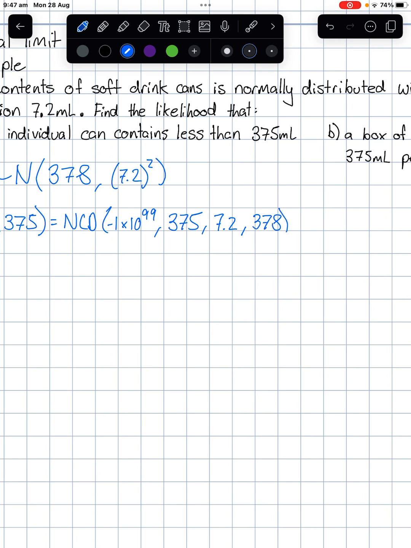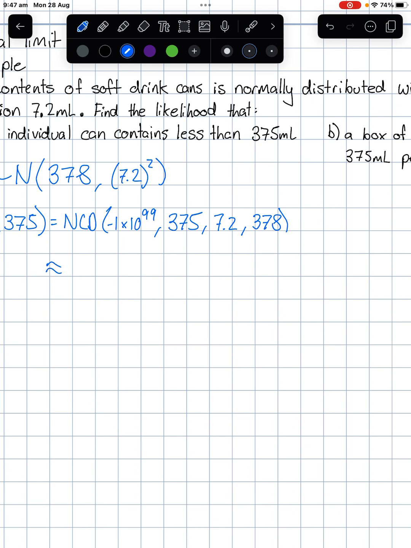So in this option, we're looking at stats, distribution, normal, NCD, and then I put my values in, 1 times 10 to the 99, 375, then 7.2 as our standard deviation, and 378.